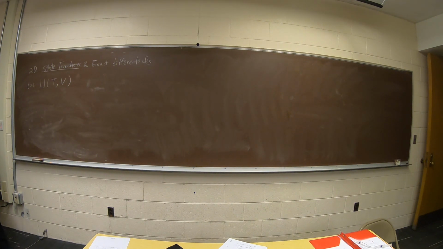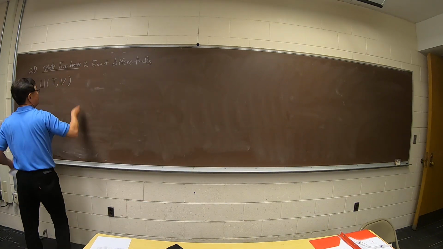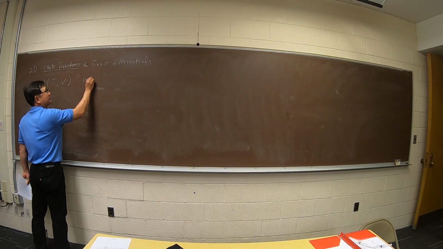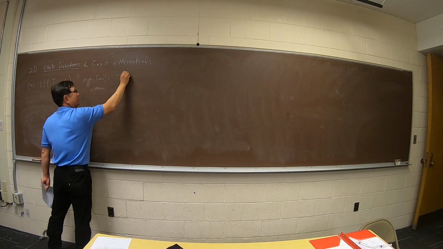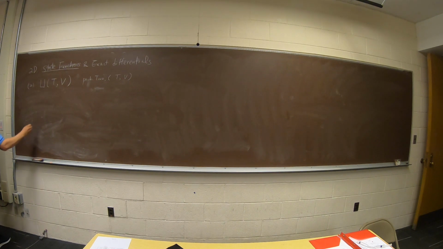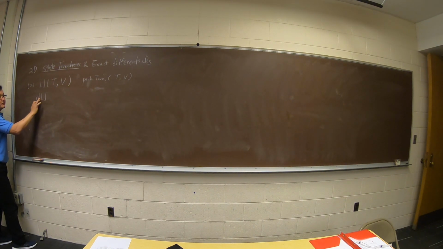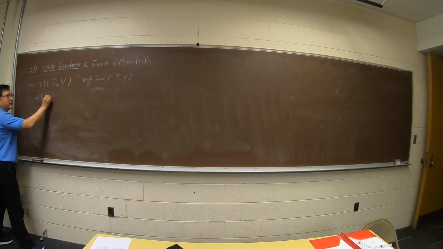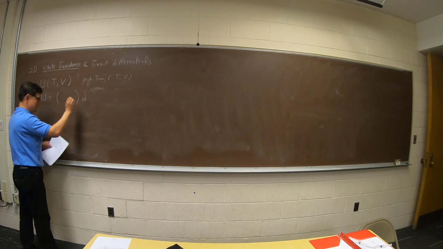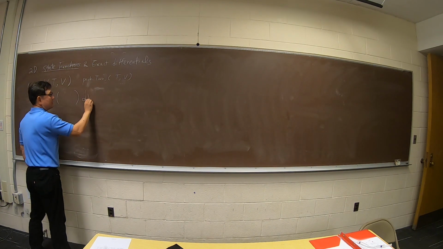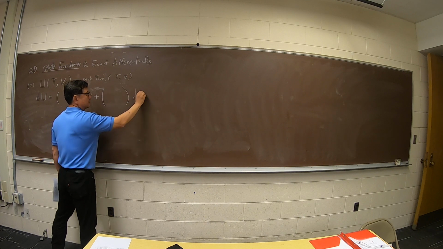Okay? So what's an important practice is this: pick two, and my choice is temperature and the volume. And see how changing the internal energy is the same as when you change the volume or you change the temperature.